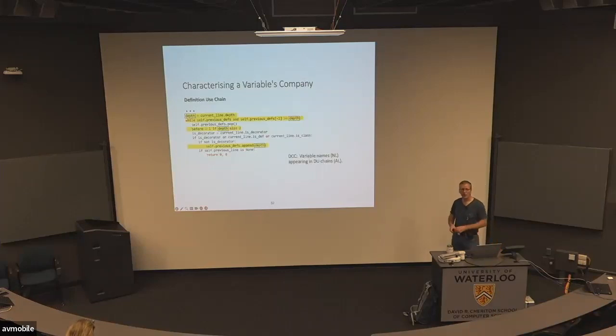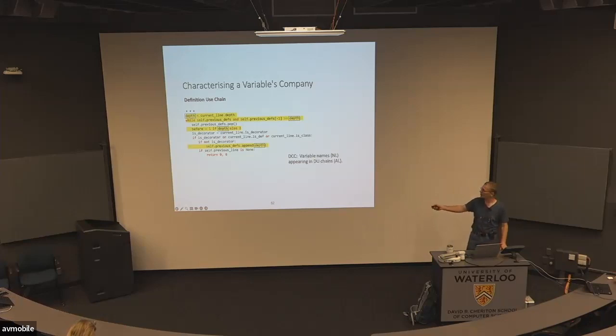So def-use chains are a data structure from the early days of compilers, where you consider a definition as the start of the def-use chain, and then every use is a link in the chain.